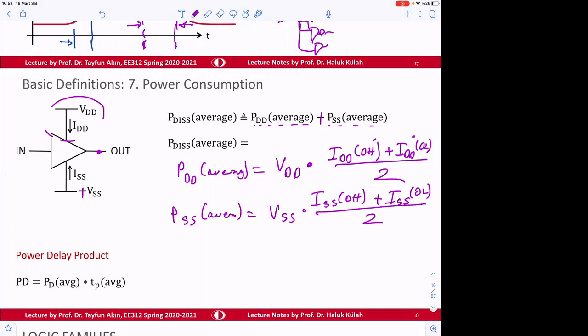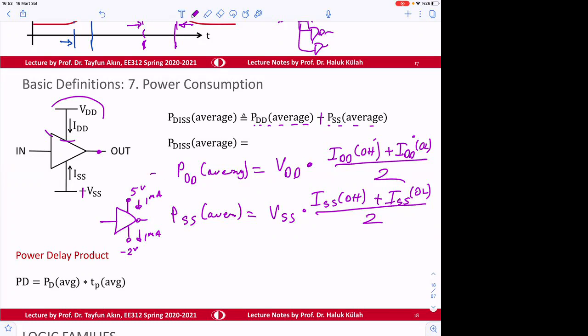Okay, so if the circuit was like this, let's say this is 5 volts and the current is 1 milliamp, and then here it's going to be 1 milliamp, and let's say this is minus 2 volts.